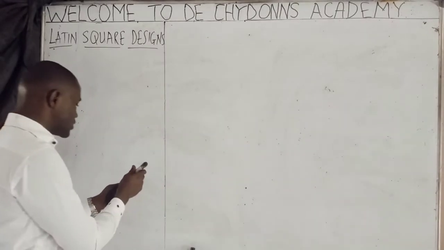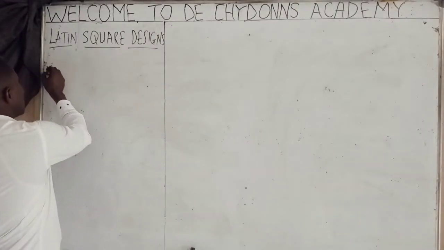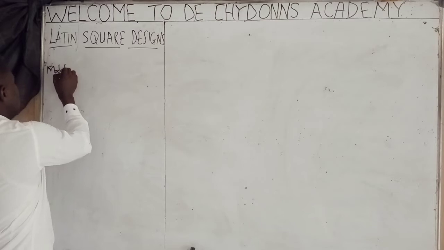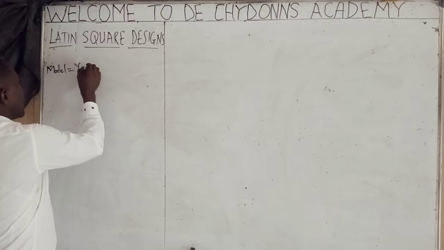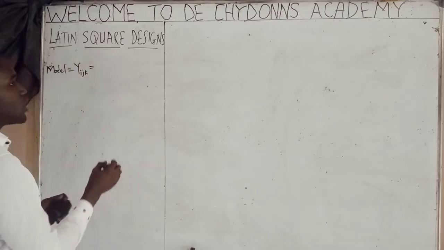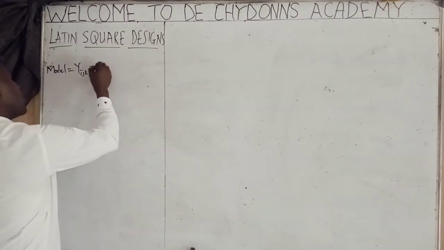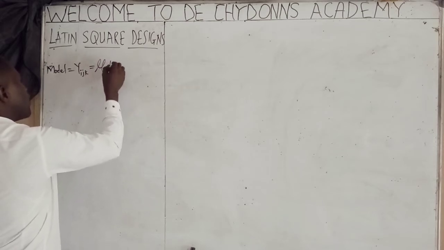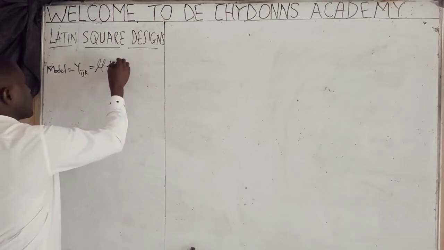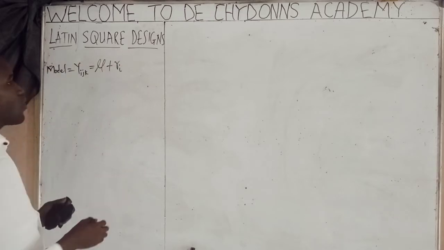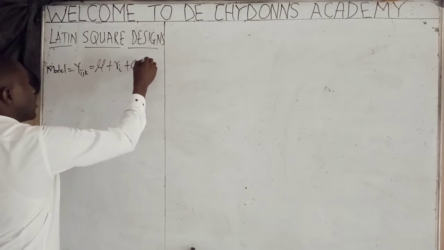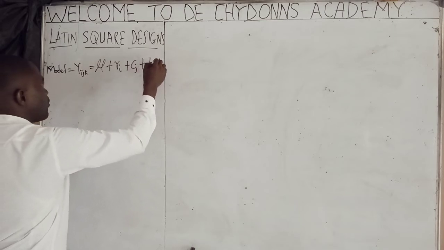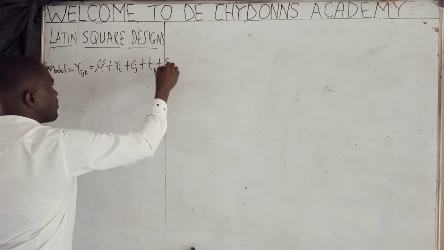It has a model. The model of it is written as Yijk equals overall mean plus Ri plus Cj plus Tk plus random error.